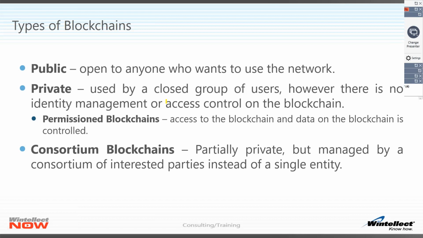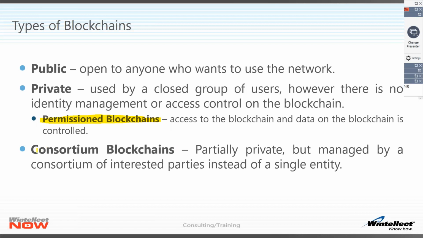Private blockchains don't necessarily have that, but they are closed in that they don't allow just anybody to use them. So if you have an internal blockchain that you're writing smart contracts for, or something that you're using within your organization, that would be a private blockchain. And in response to the inability to do identity management on that, permissioned blockchains have arisen, where you can actually ID people on a blockchain that access data.